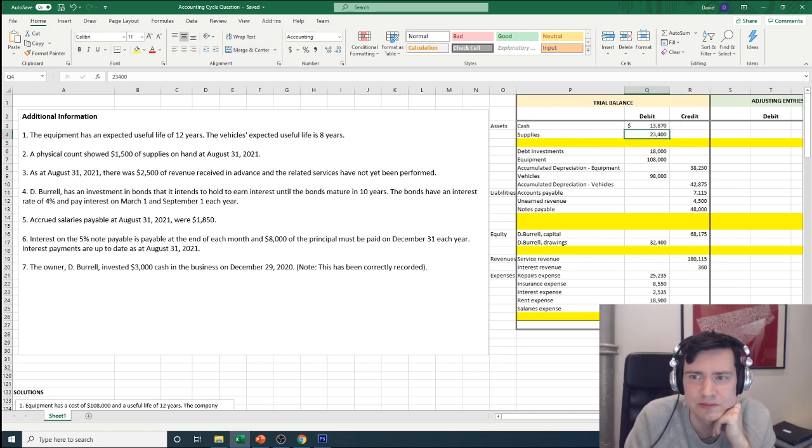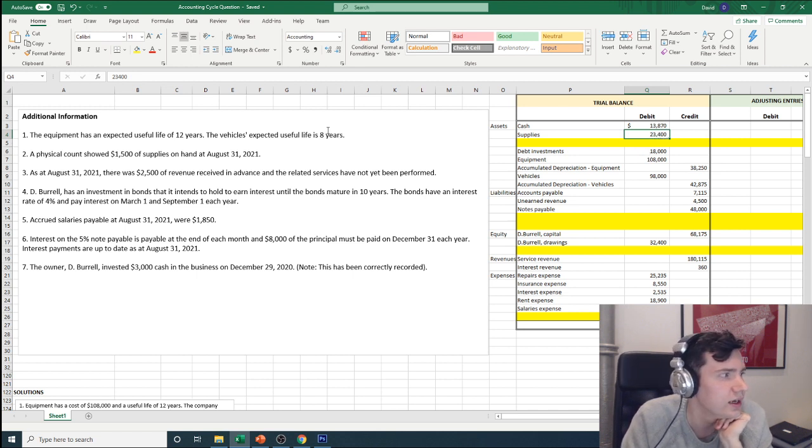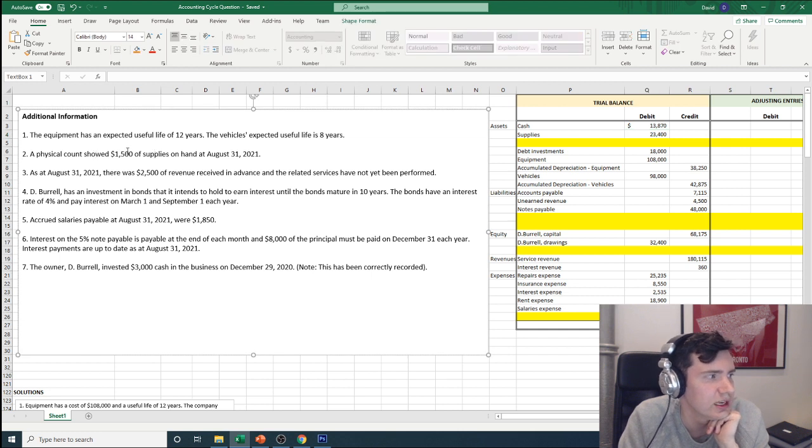What does that mean? Well, the $23,400 is the amount that we had before, and now a physical count is showing that we have 1,500 of supplies. So we need to take that supply balance and calculate the difference between 23,400 and the 1,500 balance we now have.